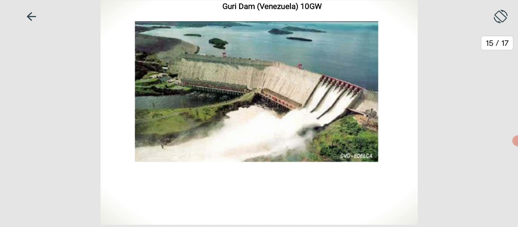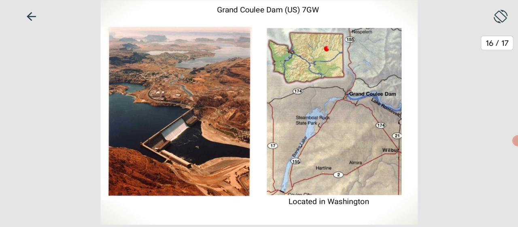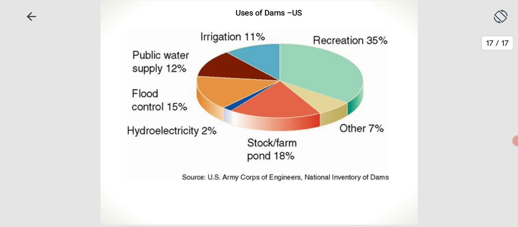Guri Dam in Venezuela is 10 gigawatts for hydroelectricity. Grand Coulee Dam in the US. The image shows the locations of the dams, and the power station should be identified for the hydropower.